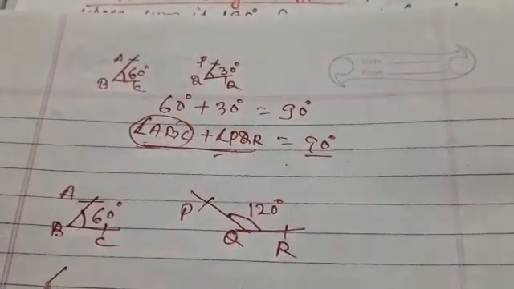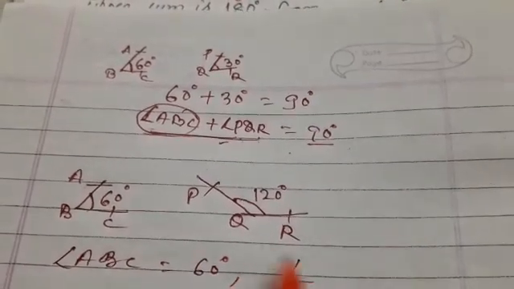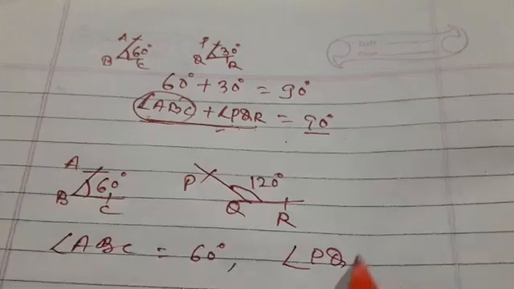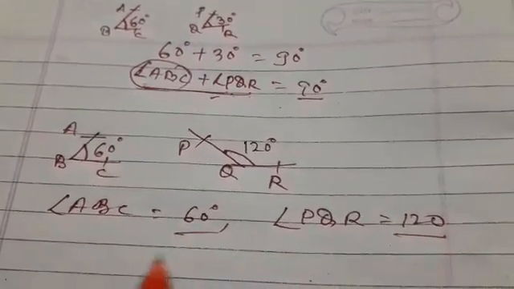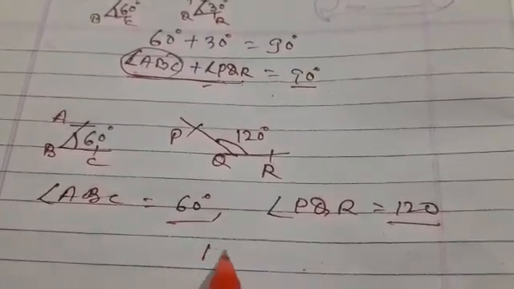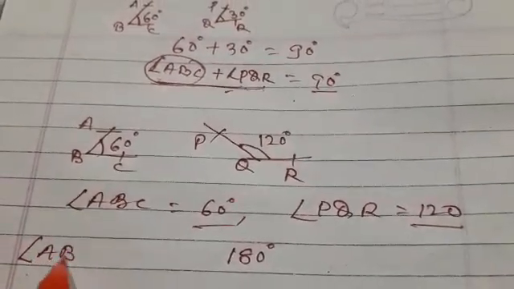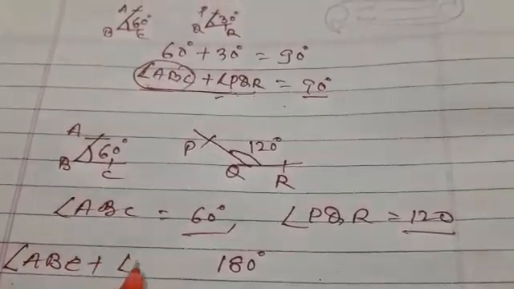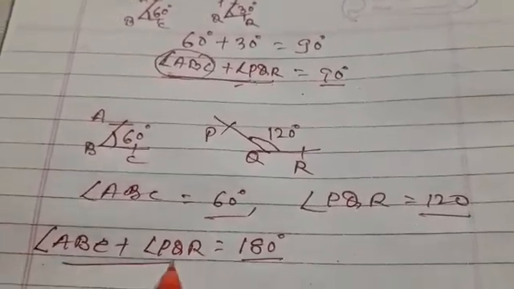Measure of angle ABC is equal to 60 degree, and measure of angle PQR is equal to 120 degree. When we add these two angles, then value becomes 180 degree. We write here angle ABC plus angle PQR is equal to 180 degree.